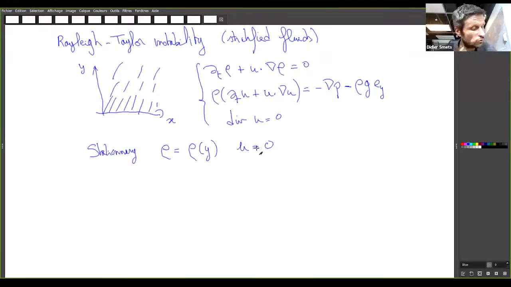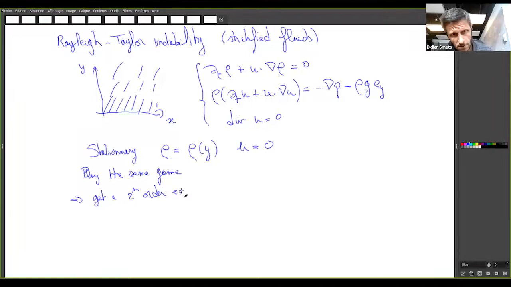So you can play exactly the same game. And you can also build an equation for the velocity. So you get a second order equation, also for uy in this case, which is the following.